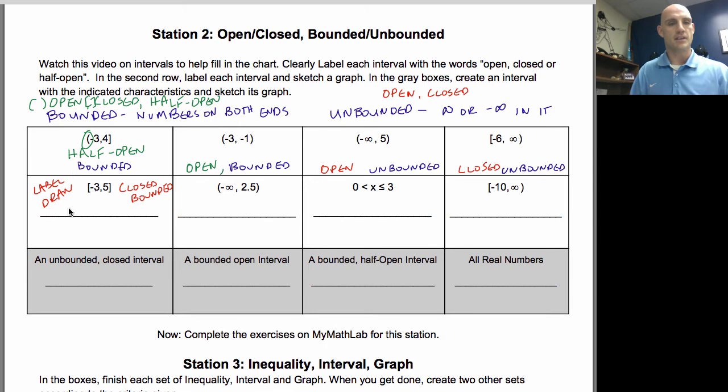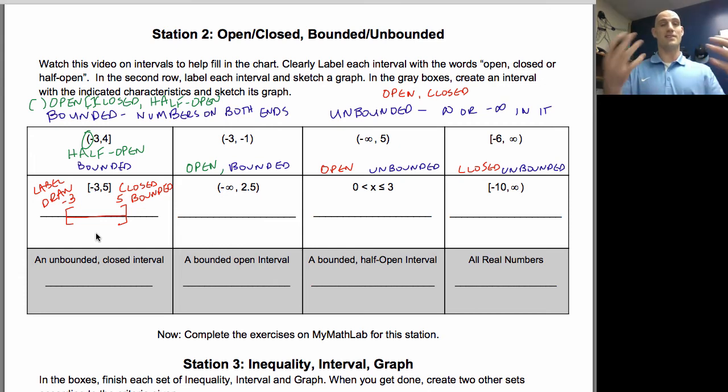And so then I'm going to sketch it, so I'm going to go between -3 and 5. There's a couple of different ways to do these sketches, but for the purposes of this section, we're going to be using the sketch that includes our endpoints as either parentheses, meaning open, or brackets, meaning closed.